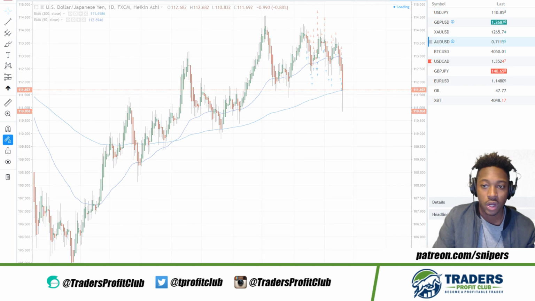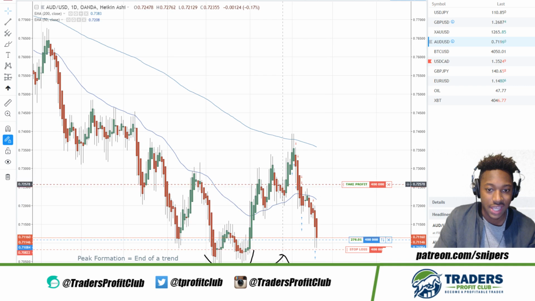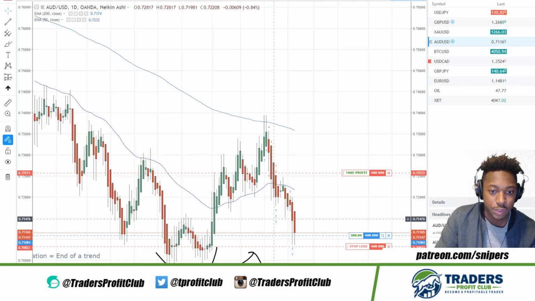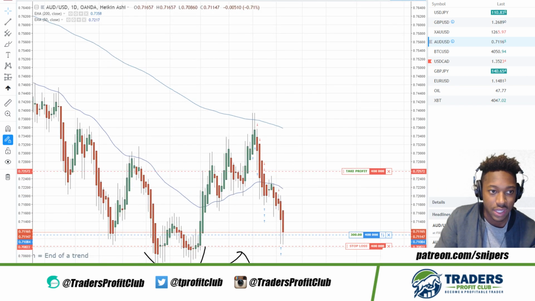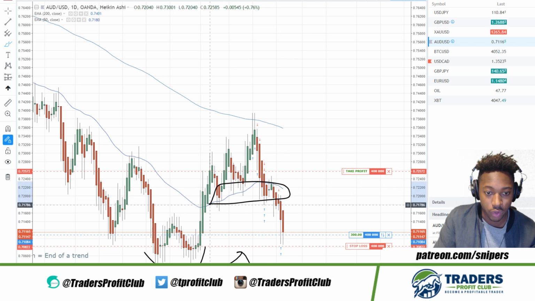So we're going to look at the Australian dollar and see exactly what we're seeing now. You see what I'm talking about, the reason why this is a false breakout? You see where the 200 moving average is, you guys? You see how price is hovering right near that area where the breakout is?